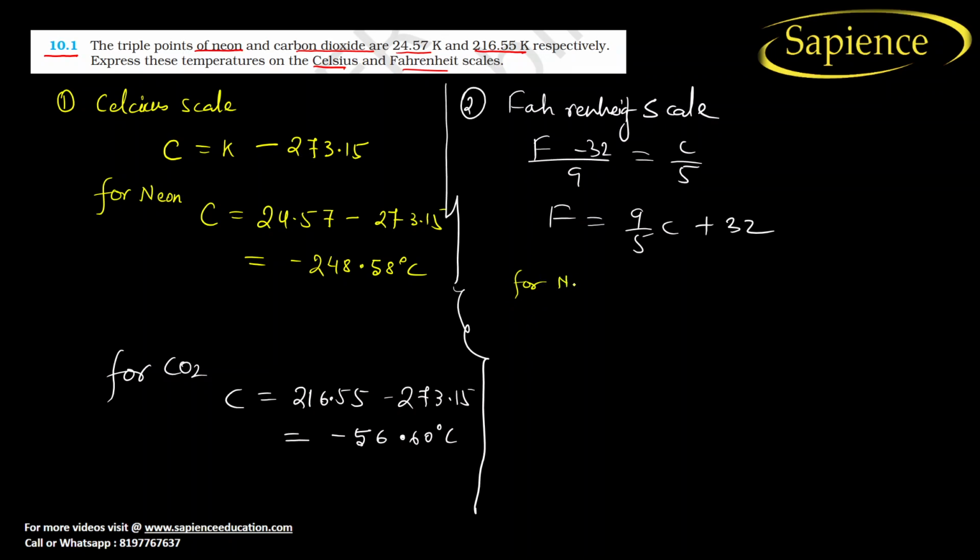Now let us do it for neon. For neon, Fahrenheit is equal to 9 by 5 into degree Celsius, which for neon is minus 248.58, plus 32.